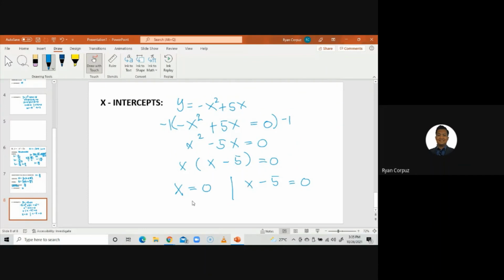How about the other solution? Ito na ngayon ang x sub 1 mo. What would be your x sub 2? What is x sub 2? Positive 5 po. So therefore, the x-intercepts of the given quadratic function are 0 and 5.